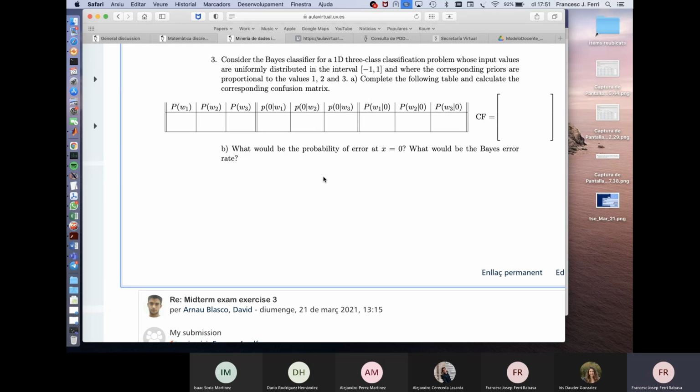What's the posterior for each class? Well, this is proportional to 1, 2, and 3. So it's 1/6, 2/6, 3/6.